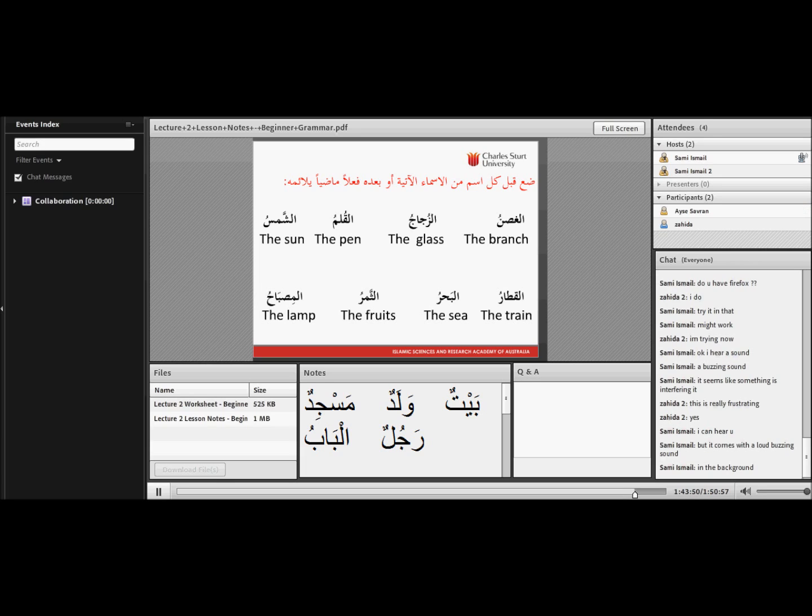Just Zahida, al-qitaru. مكث القطار. Did you say makatha?